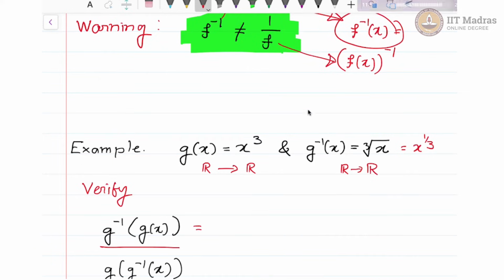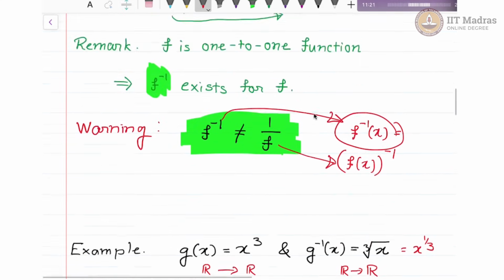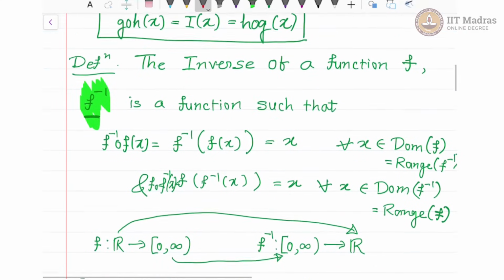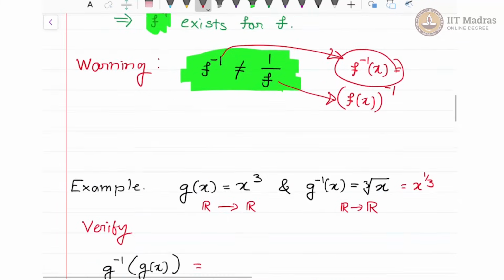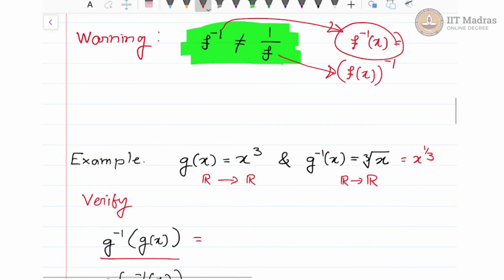Now if you recollect the definition of inverse function, then naturally the inverse function is a function such that all these combinations should produce x, f inverse f of x or f f inverse of x, right? So let us talk about g inverse of g of x.